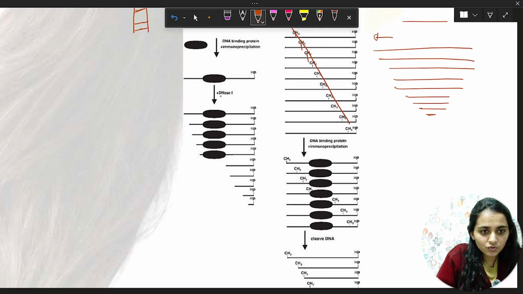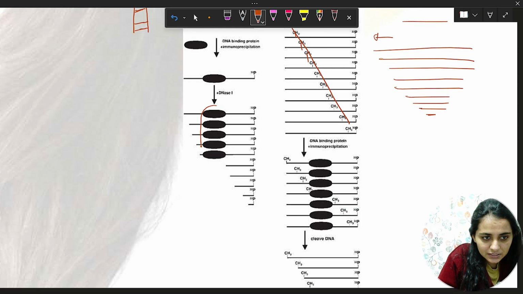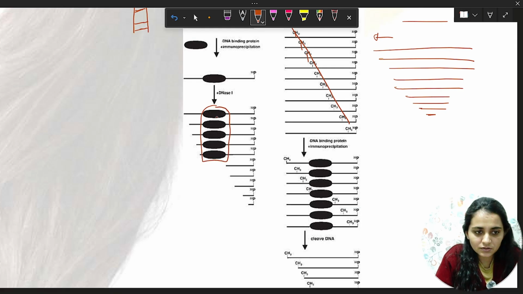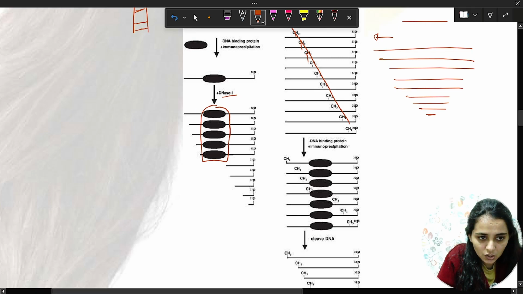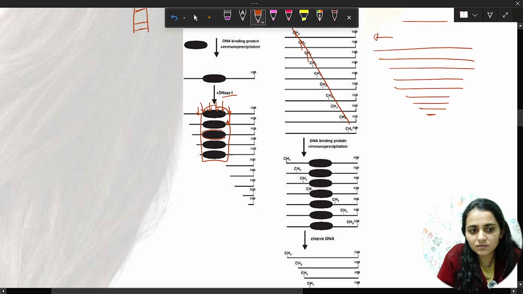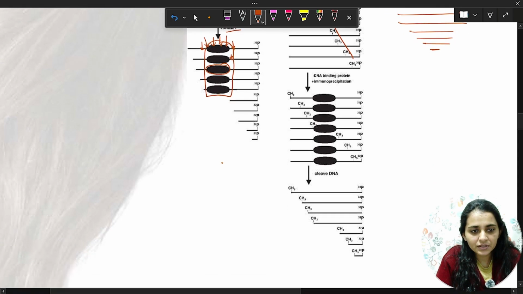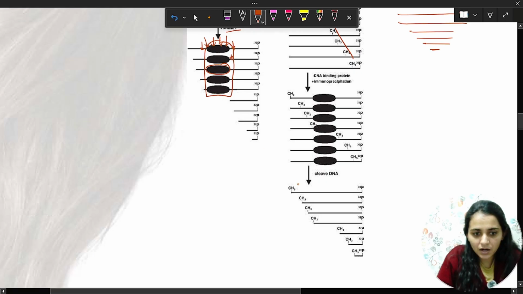If this is the place where protein is present, DNase I cannot cut this part of the DNA. It can cut from near this, but cannot cut this part. So where it cannot cut, that is where protein is present.